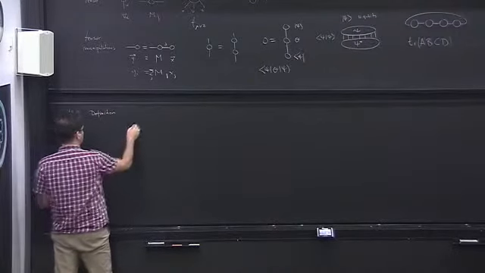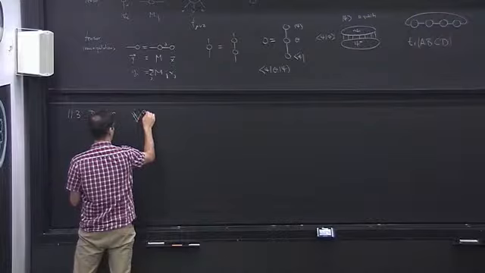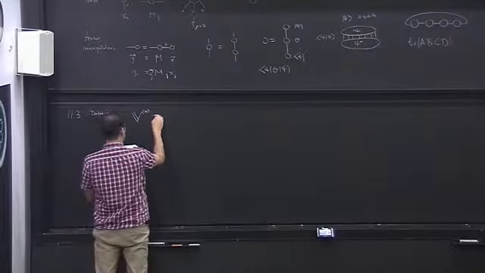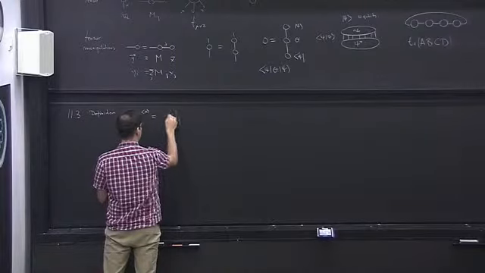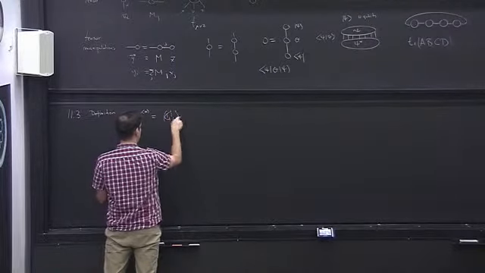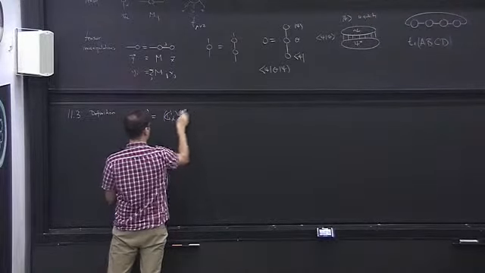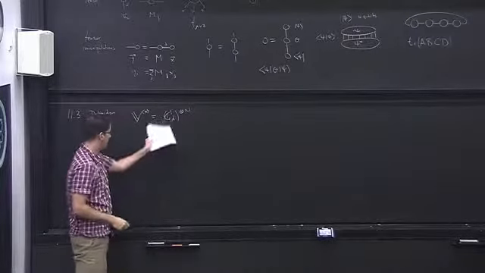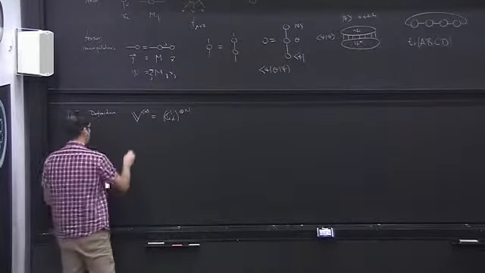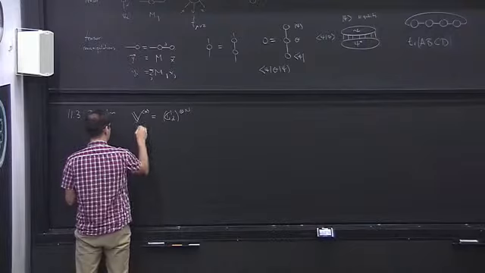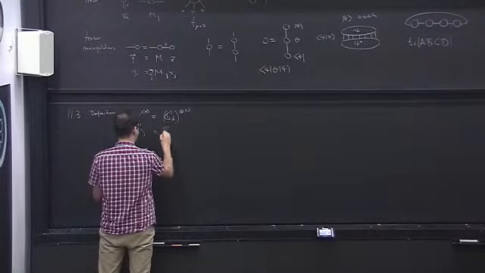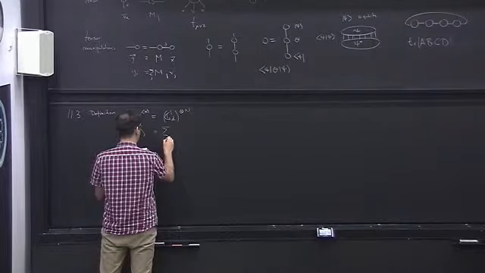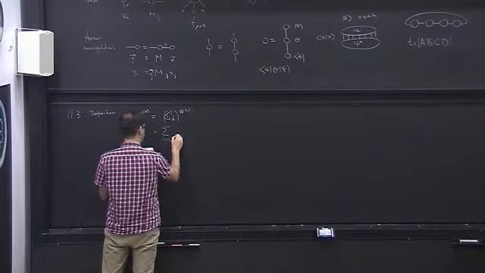So we consider a vector space of n particles or n sites on a lattice, and we're going to assume that the dimension of each site is d, and then the vector space is the tensor product of n copies of C^d. And we're going to consider a state psi of this Hilbert space, and in general, you know that we can expand this in a product basis.